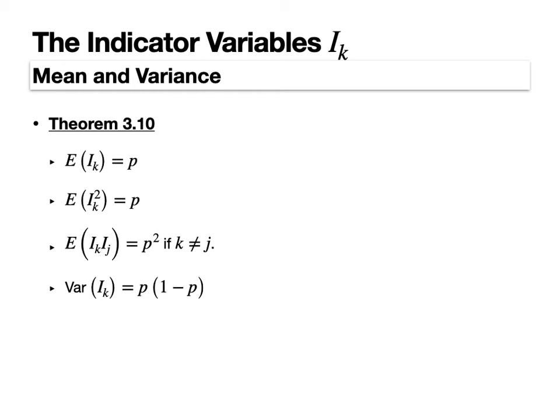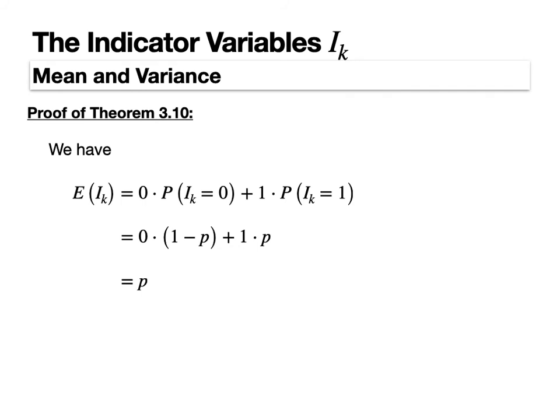So the variance is the product of the success and the failure probabilities. And these all follow from just basic properties of the color sequence process and properties of expected value that we've already seen. So for instance, to find the expected value of I sub k, you just take the possible values of I sub k and multiply them by the probabilities that those values actually occur. So that's what you see in the first line there.